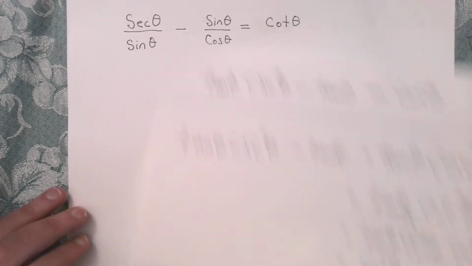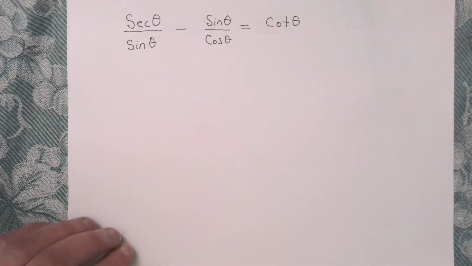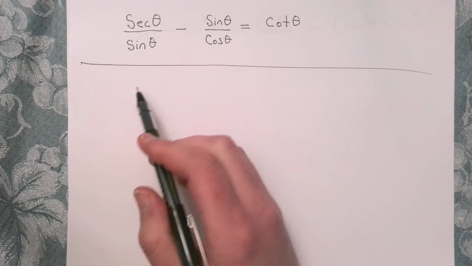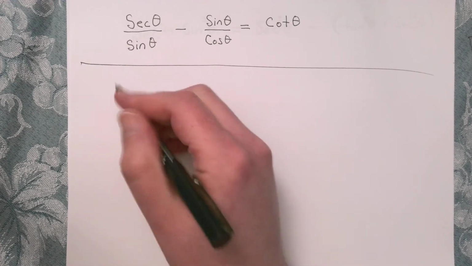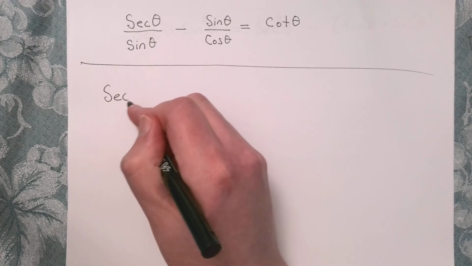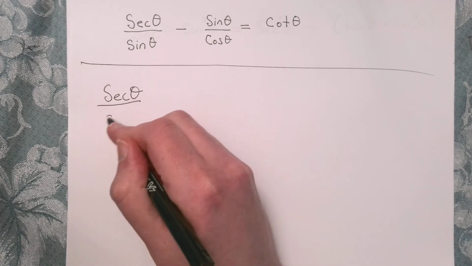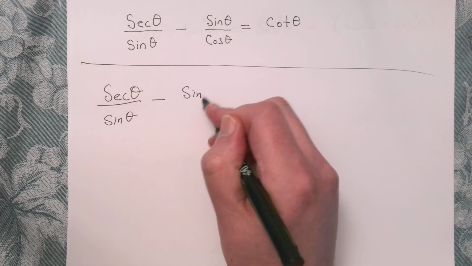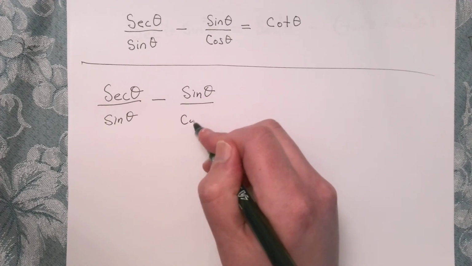Okay, let's try the next. Okay, so sense of adventure, right? Sense of adventure here. Let's see what's going on. So let's work with the left side, and we'll try to get it to equal the right side here.